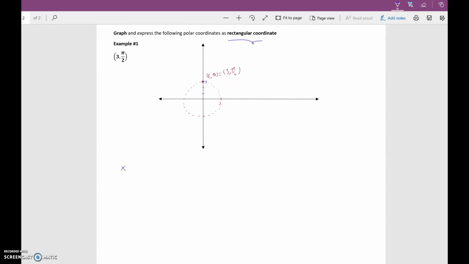So in this case, your x value is equal to r cosine of theta, your y value is equal to r sine of theta, and we're looking at 3 cosine of pi over 2, and this is equal to 3 sine of pi over 2. So we're going to end up with 0, and then this is 3 times 1, which is 3.